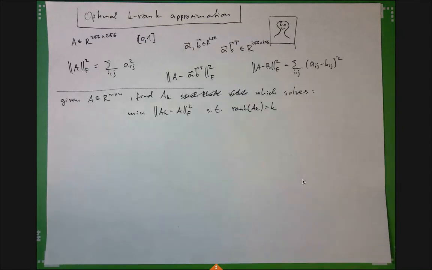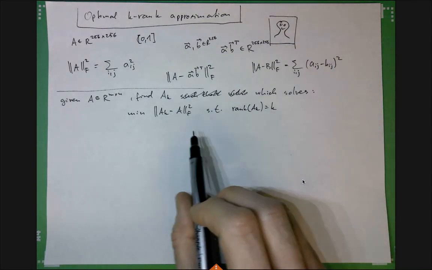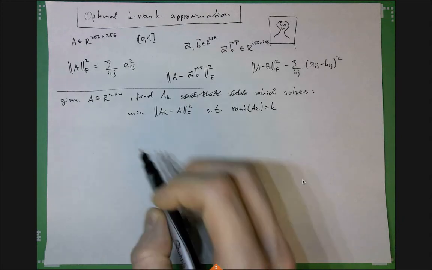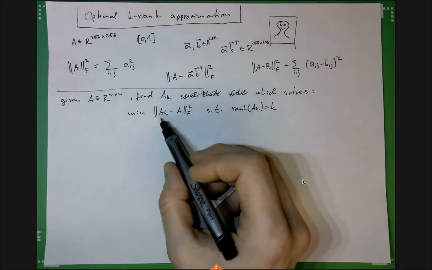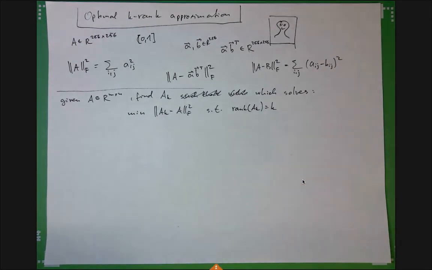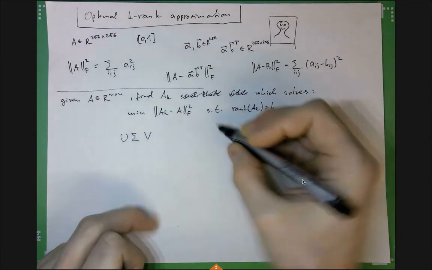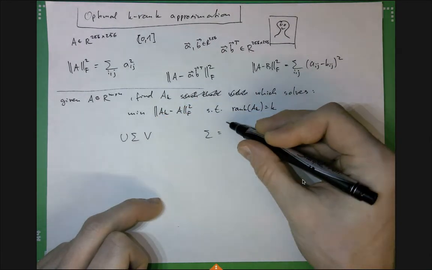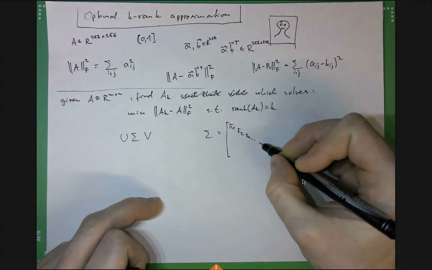Maybe I'll just tell you the solution first and then show the slides. The solution is that you take the SVD of the matrix A and then you zero all but the first K singular values. So the sigma has some singular values, sigma 1, sigma 2, sigma 3 to sigma r.